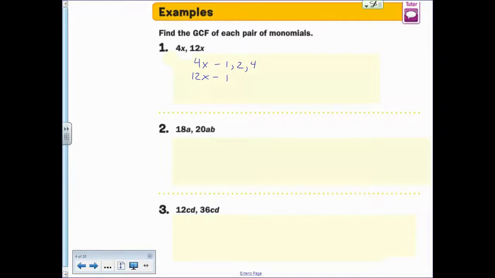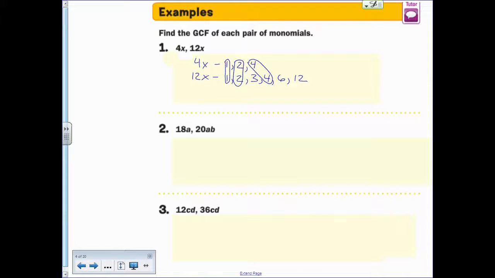For 12, 1 goes in, 2 goes in, 3 goes in, 4 goes in, 6 goes in, and 12 goes into 12. So what are the common factors? Well, 1, of course, is a common factor of everything. 2 is a common factor of both 4 and 12 because they're both even. And then 4 is a common factor of 4 and 12.